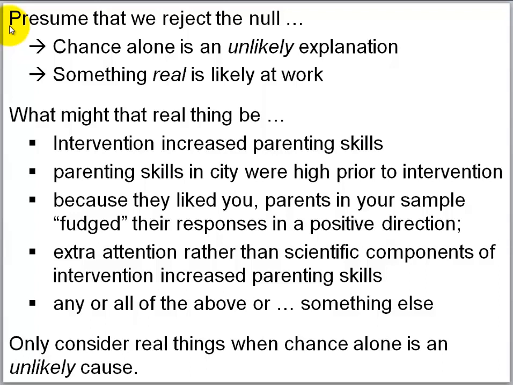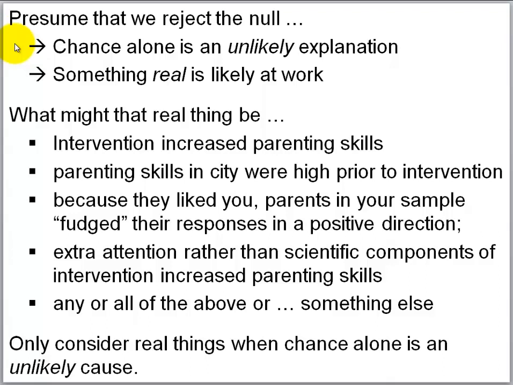the 0.05 level. So let's step back a little bit and just talk about significance testing. And as I talk about results, let's presume that we have indeed rejected the null in this situation. So we've rejected the null. Basically, that's telling us that chance alone is an unlikely explanation for the result.